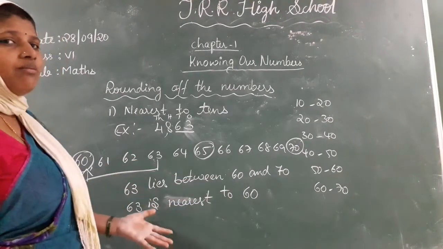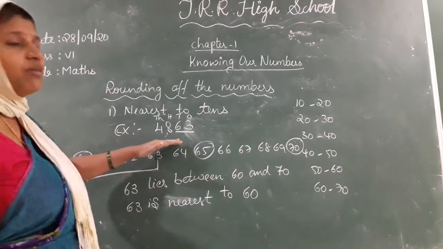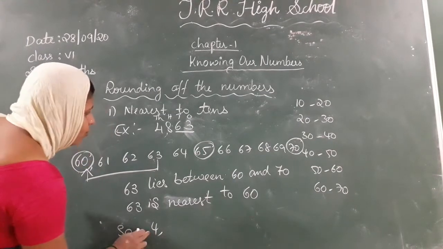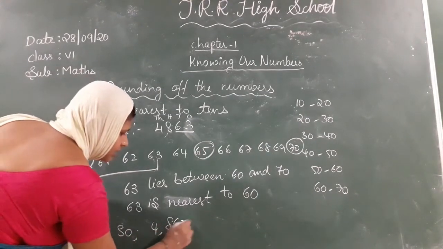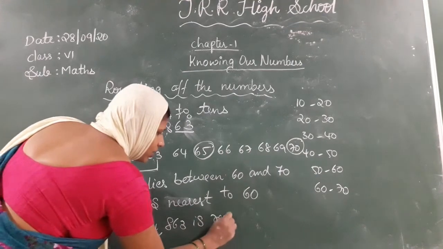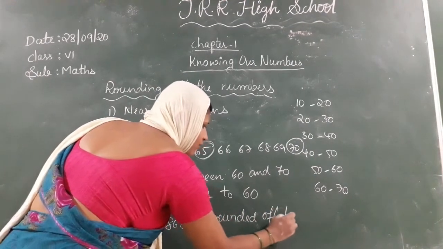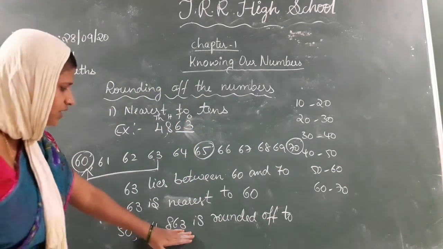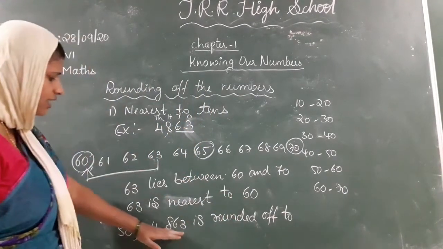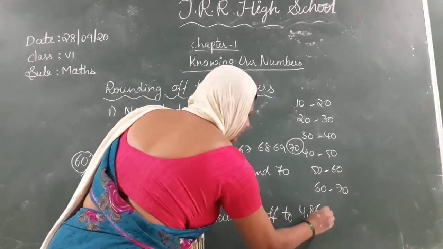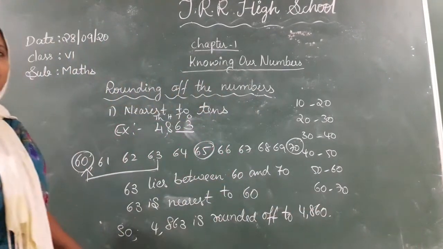But what is my number? This is my original number. Now you write it. So this is your confusion. 4863 is rounded off to... in place of 63 you have to write 60 and the remaining two numbers will be as they are. So 4860. So is this clear, children?